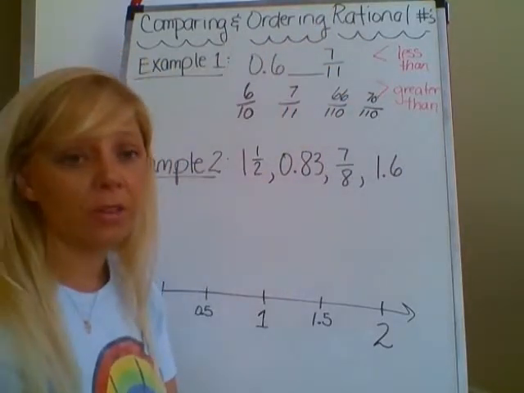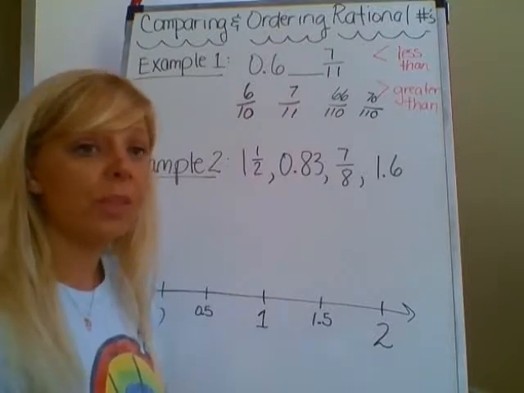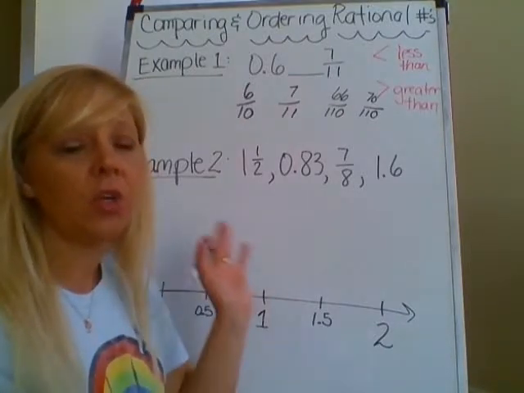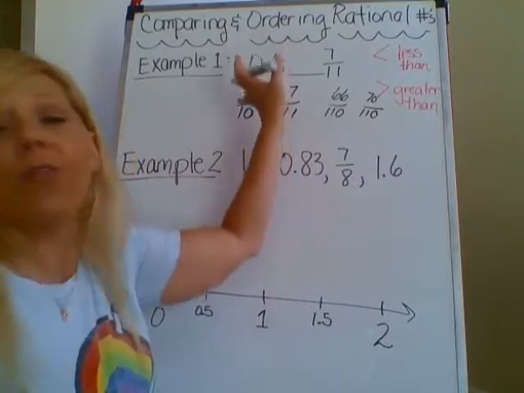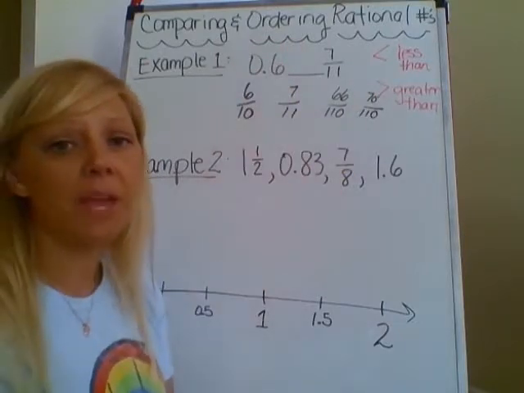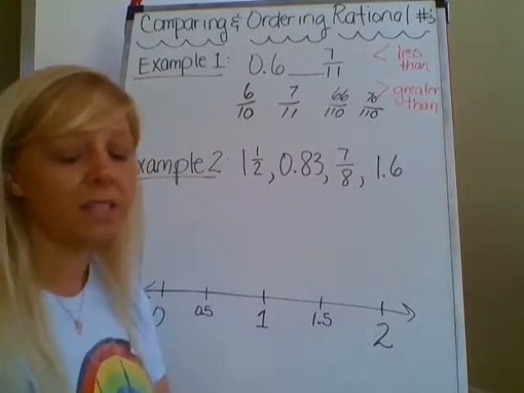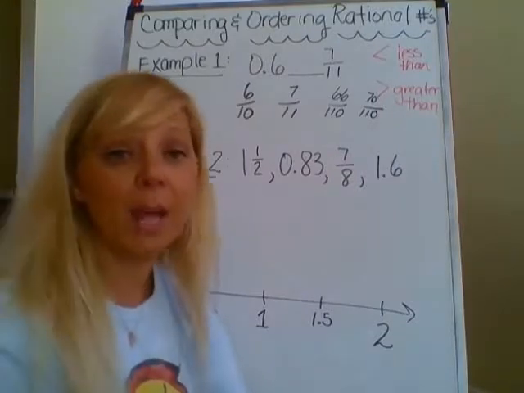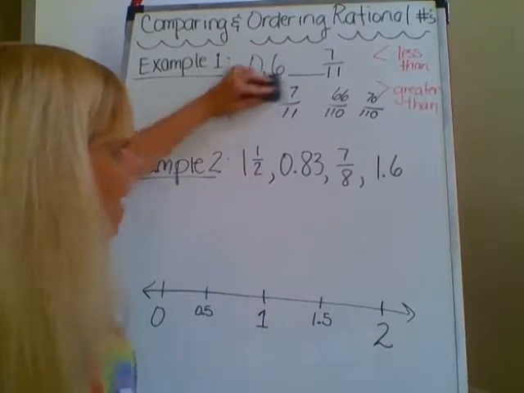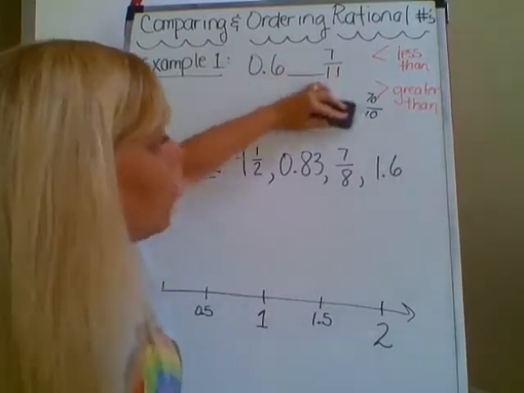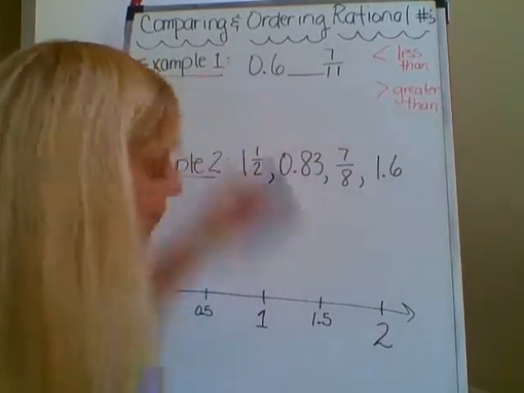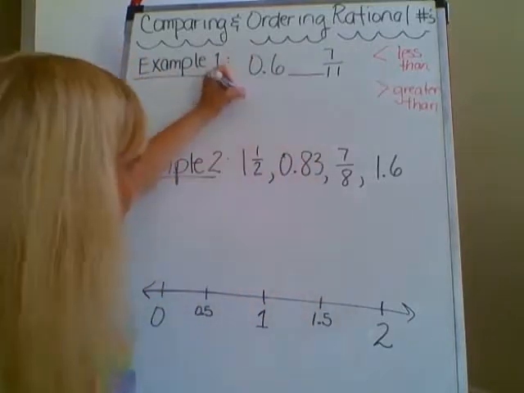And then I can compare those two fractions. So some of you that are very good at changing your fractions to equivalent forms to compare, go ahead and do it that way. That is completely up to you. There is not a wrong way to do it. Again, I prefer changing my fractions to decimals. So that is what I'm going to do in this example.